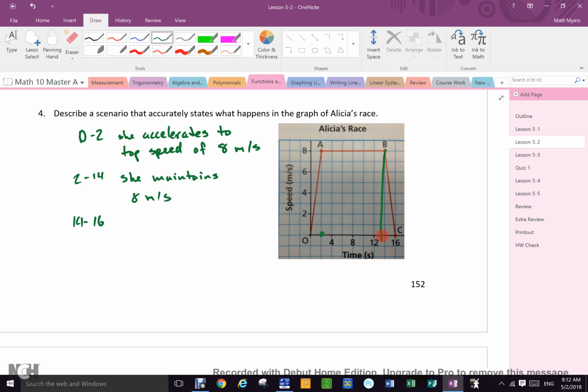The only way it could go straight down is if she ran into what? A wall. It would go down pretty fast. Everybody understand? She crosses the line and slows down. Everybody good?